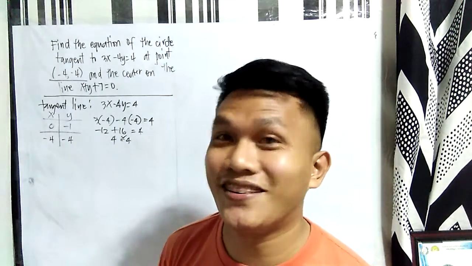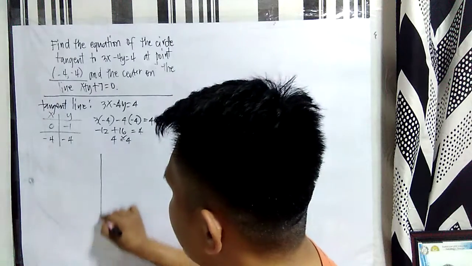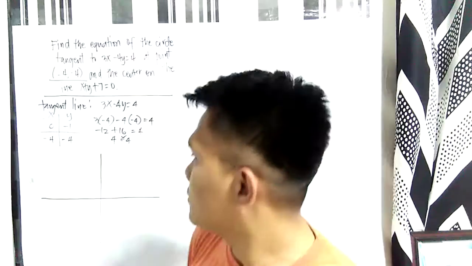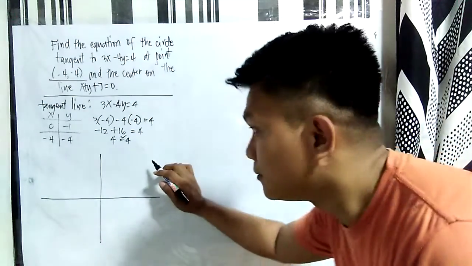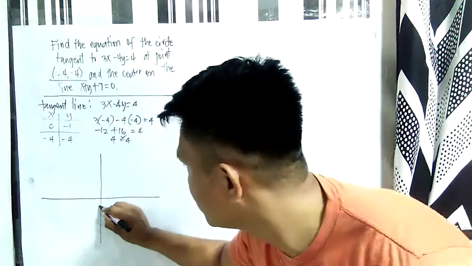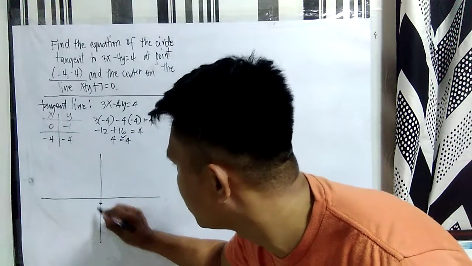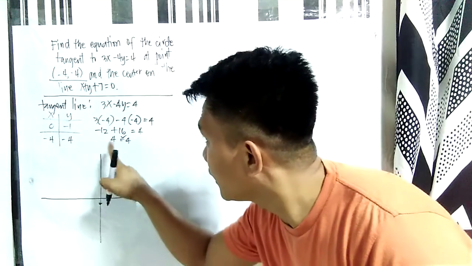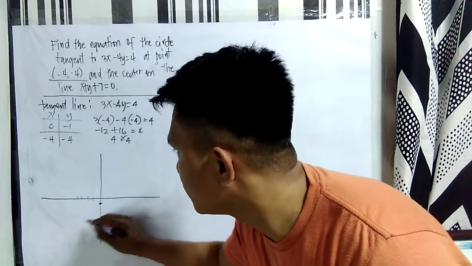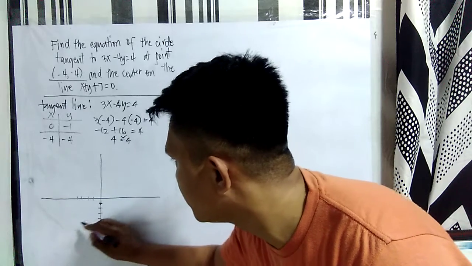So pwede na natin siya ngayon i-graph. Okay, so this is our table of values: (0, -1), and then we have (-4, -4).